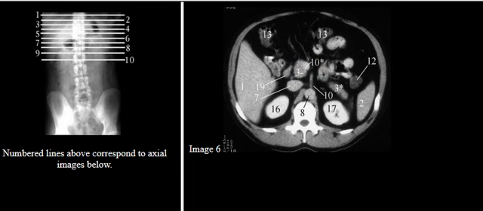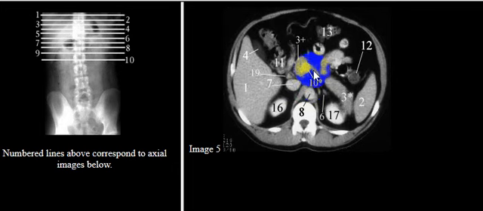And here, this is the splenic vein with the superior mesenteric vein forming the portal vein. And here, this is the tail of the pancreas and the splenic hilum in the splenorenal area.